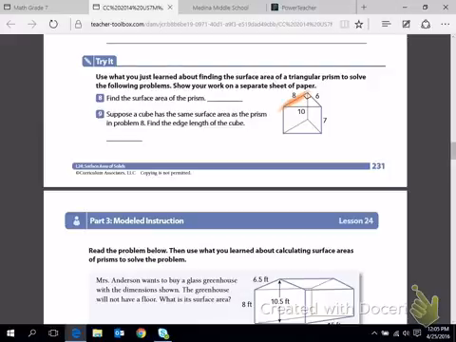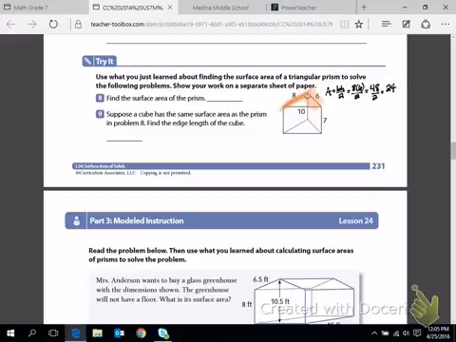The measurements for the top triangle are 8 and 6. And if we want to find the area of that triangle, then we follow the formula. Area is the base times the height divided by 2. So that's going to be 8 times 6 divided by 2, which is 48 divided by 2, which is 24.